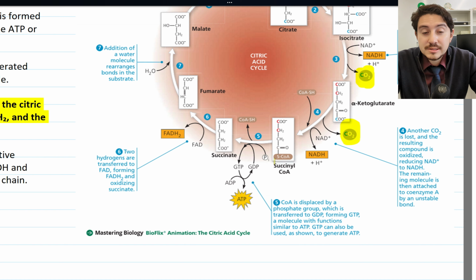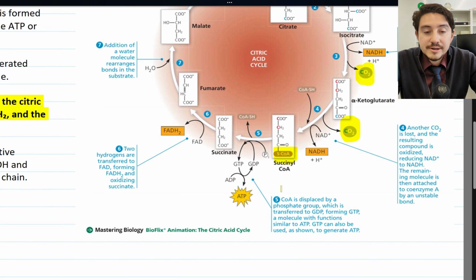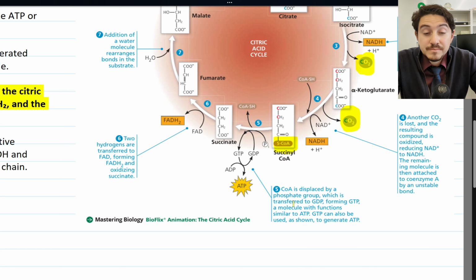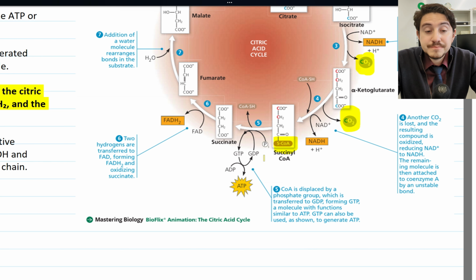succinyl-CoA. Yes, this coenzyme complex does come back here, but it's liberated again into the solution. This molecule is carrying a good amount of energy. So the CoA is displaced by a phosphate group, so it's also released again, and that release provides energy for GTP.